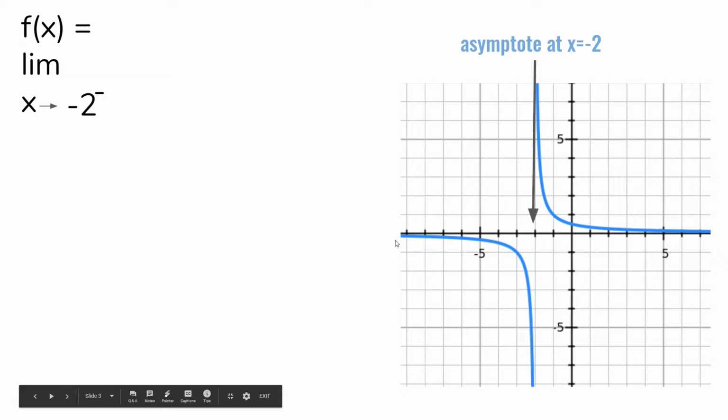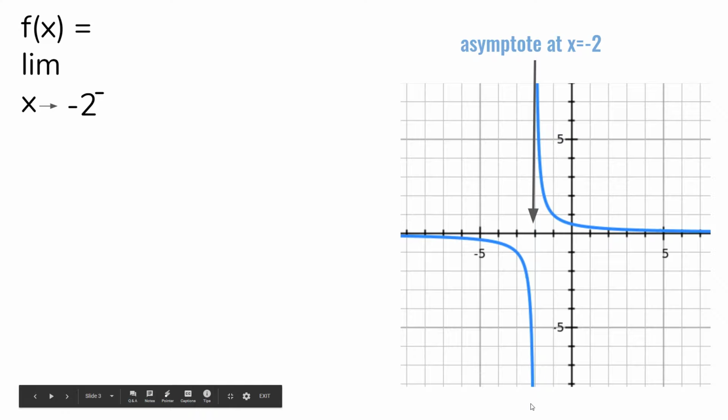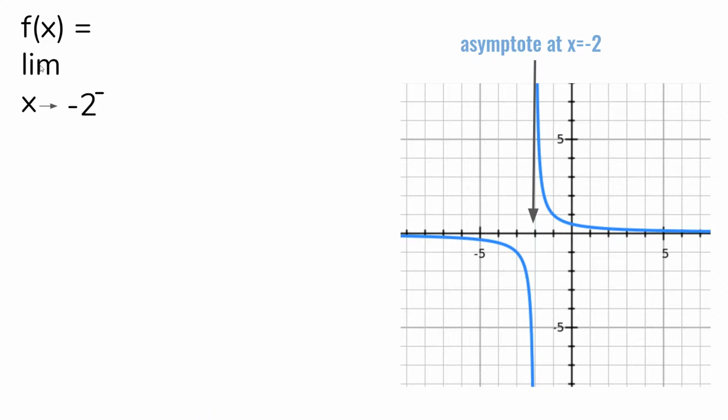When we follow the line here, the function does not have an end. As x approaches negative 2 from the left, we can see that y is becoming negative infinity. So we would say that f of x is approaching negative infinity as x approaches negative 2 from the left.